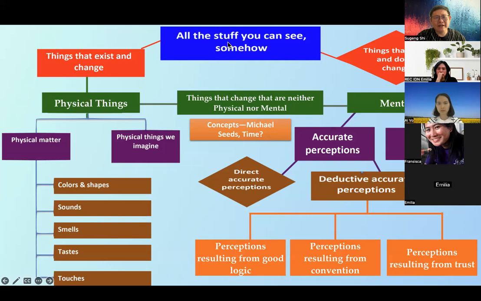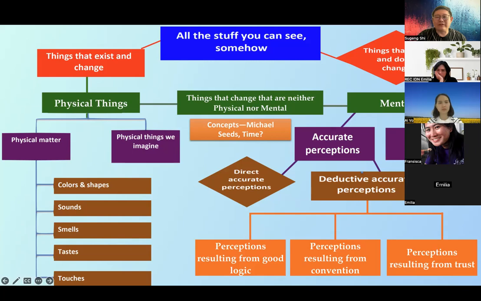So the blue box, all the stuff you can see somehow. Actually, we can say all the things in the world, in the universe, they exist and change, or they exist and don't change. We can divide everything in the universe as things that exist and change and things that exist and don't change.